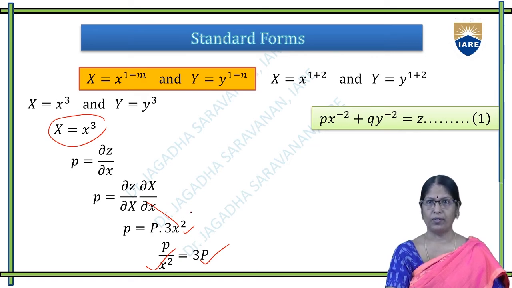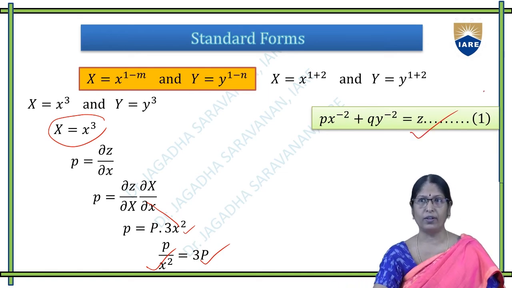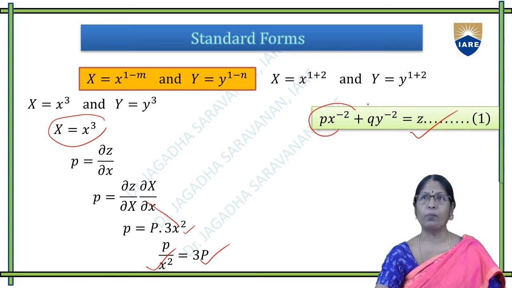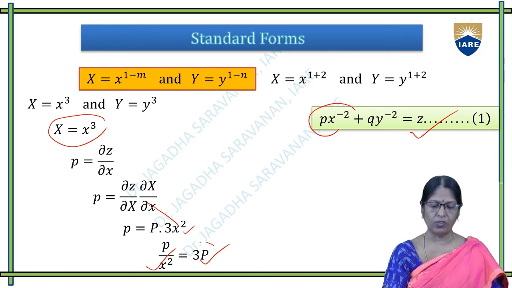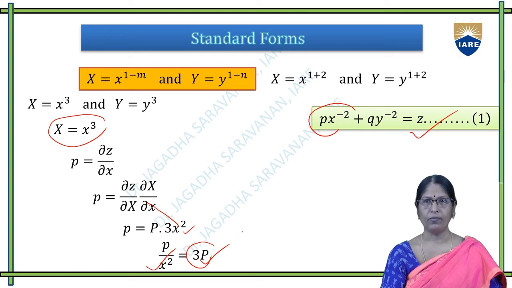We didn't bring the 3 to the left position, we left it on the right side itself. Only x squared we brought to the left position. Our idea behind this step is that we already obtained our equation 1, p x power minus 2. Such a format we want, which can be replaced by our 3 capital P. That is the reason we brought x squared to the left position.